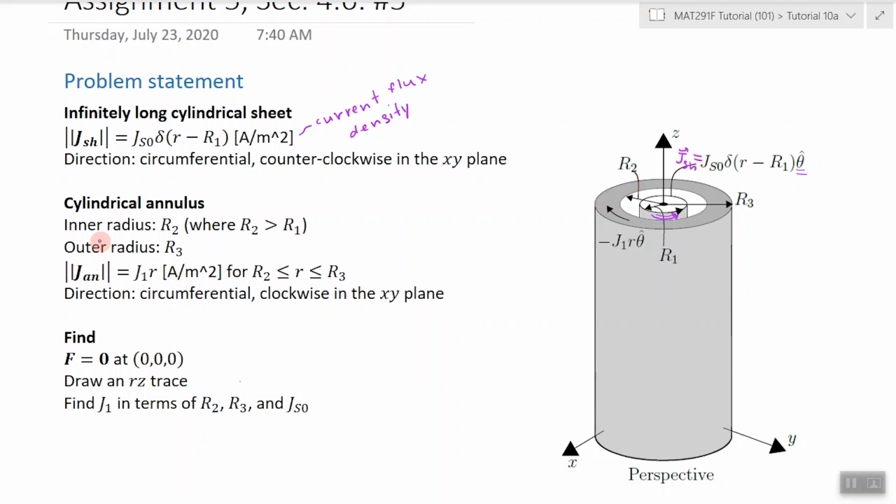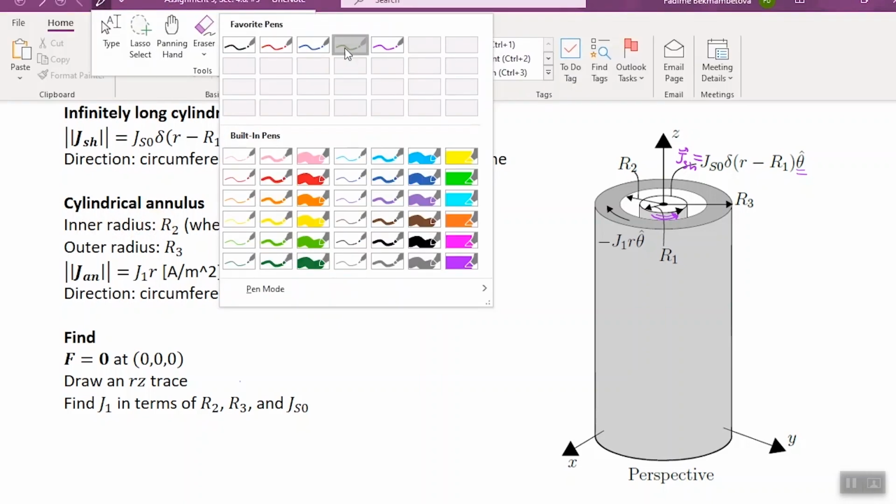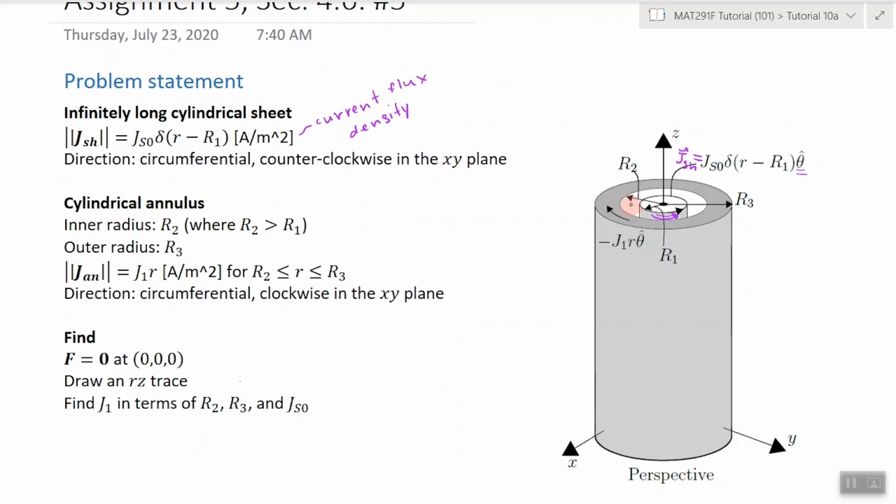The second object is a cylindrical annulus. It has inner radius of R2, R2 right here. Outer radius of R3. It has current density with direction that's circumferential as well, but it goes in a clockwise direction when you look at the xy plane. So it's the one that's shown here.